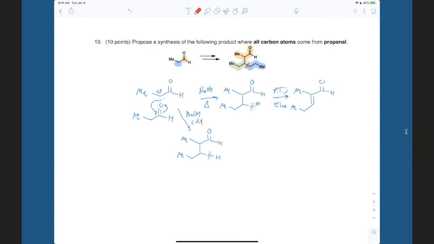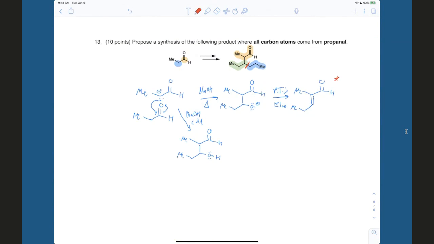Now, I would say that there is a single step reaction you can draw that goes from this molecule to the product. Yeah, we need to have a 1,4 addition.